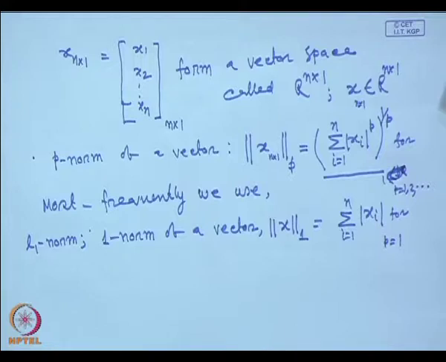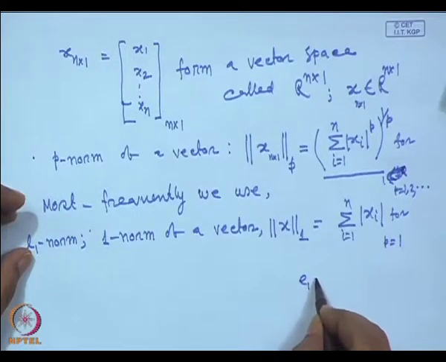Now, you can think of it this way: suppose you have a set of equations and you want to solve them by an iterative method. The variables are x 1, x 2, up to x n, and you are solving a set of simultaneous equations. You check whether the solution converges or not.